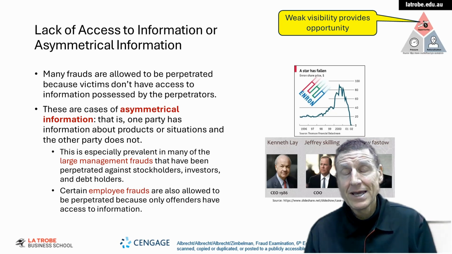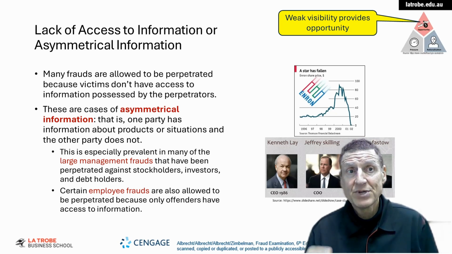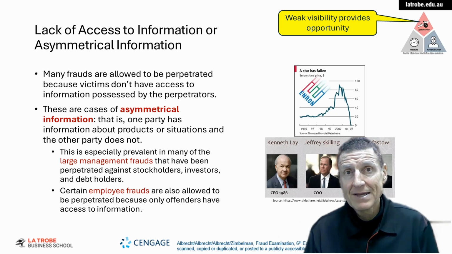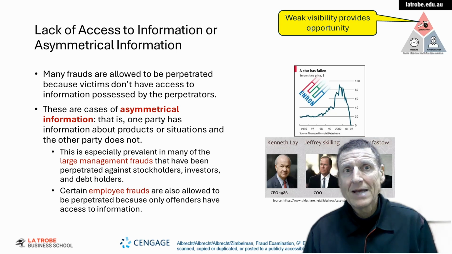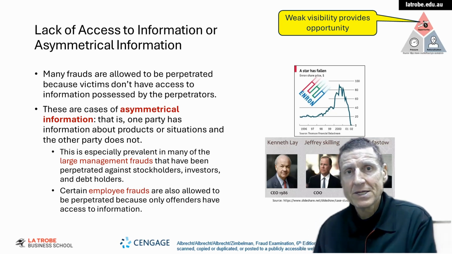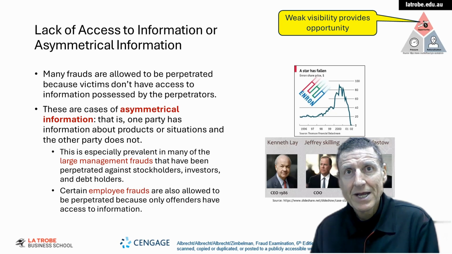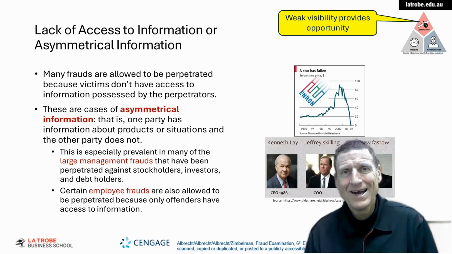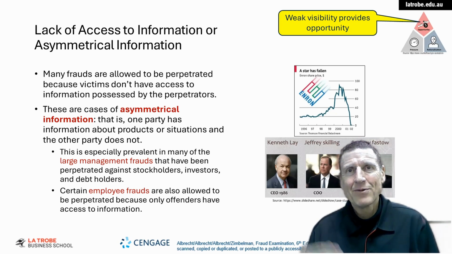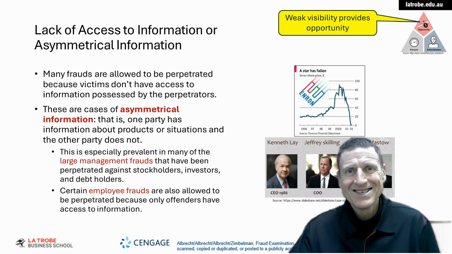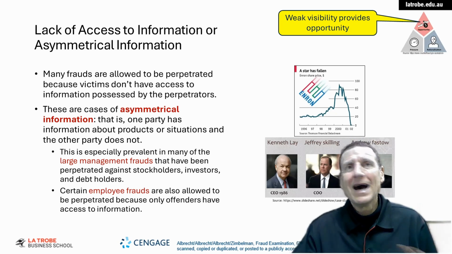And this is a key example of a management fraud, where they know more, they're able to manipulate the financial books and try to pull the wool over the eyes of the shareholders, of the analysts, of the creditors. It worked for one or two years, but then the reality came home to roost in 2000, 2001, and look at the share price, all right, from over $90 down to zero in no time at all.